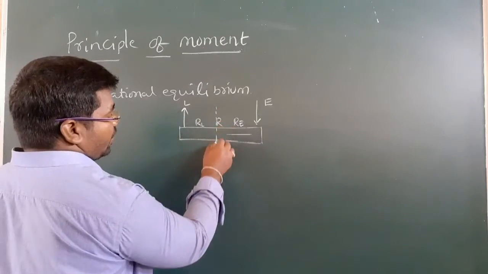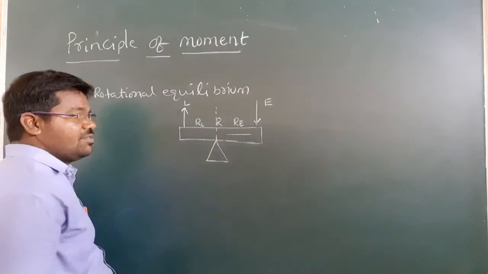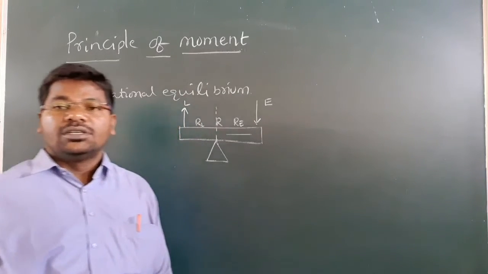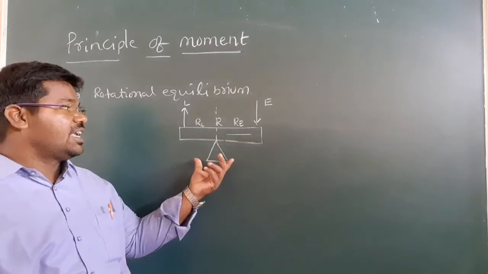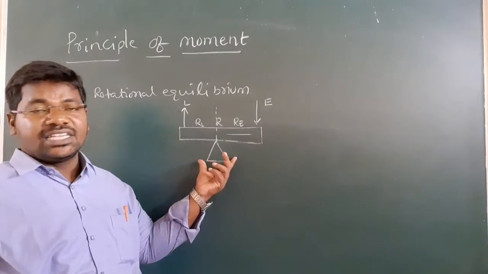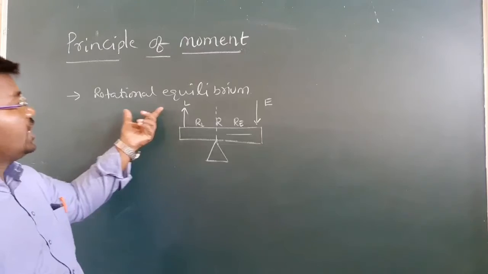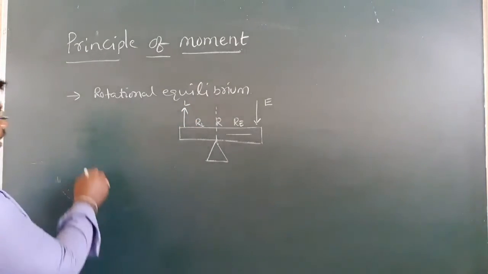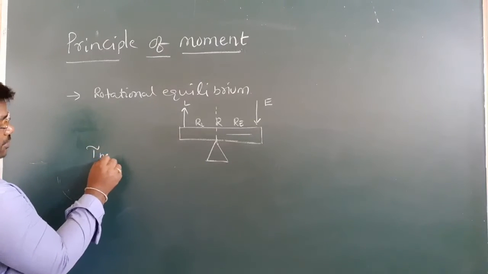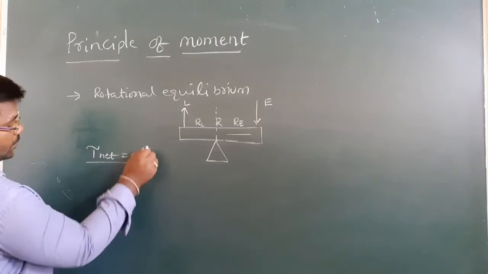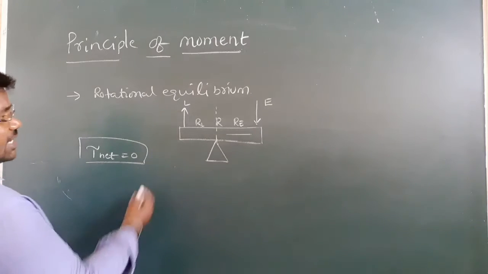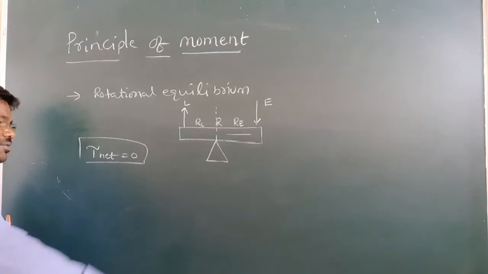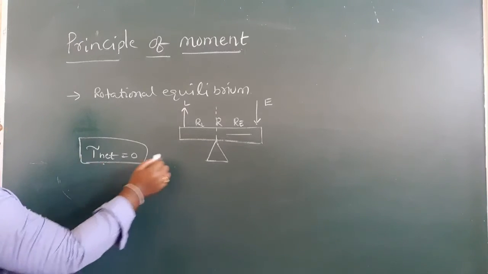This is the fulcrum on which the body may oscillate, moving up and down, opposite. Understand? In this case, in rotational equilibrium, what is the condition? Net torque is zero. Understand? So net torque means what, my dear children? What is the torque here?